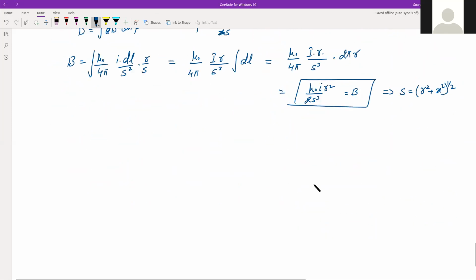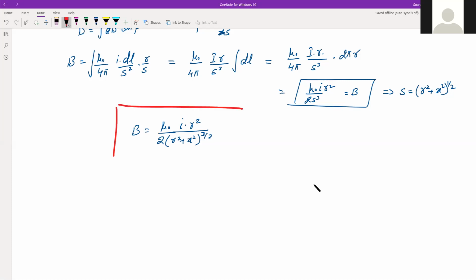We will now just put that, and this B will come to mu naught divided by 2 into r square plus x square whole raised to power 3 by 2, and in the numerator I into r square. This is the expression for magnetic field. We got the same expression yesterday also, but in the derivation part there was some problem, right?